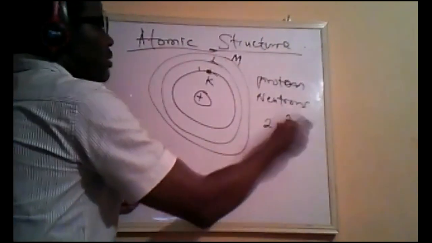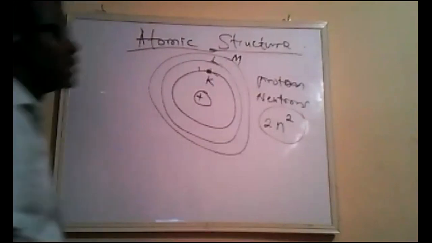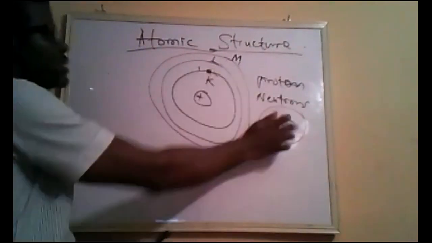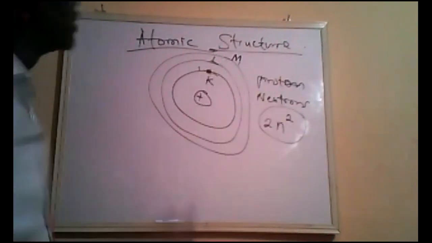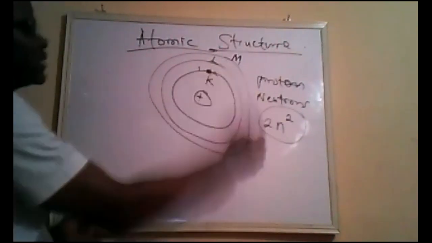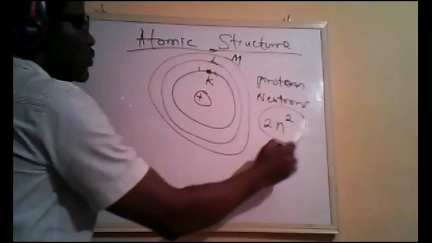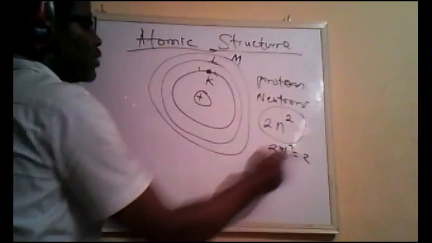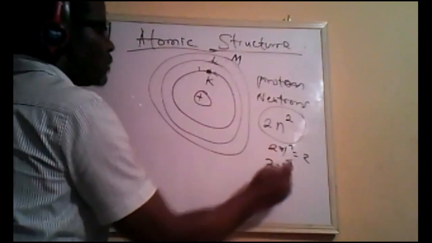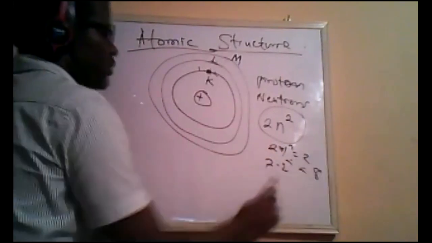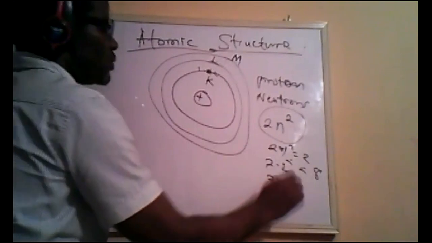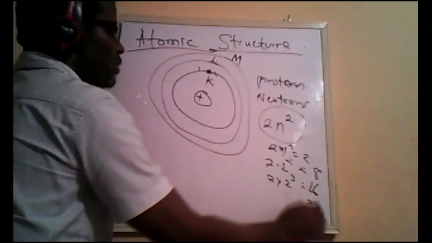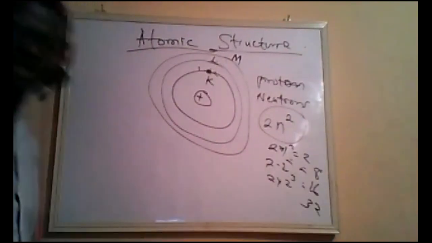The maximum number of electrons that can fill a shell is given by 2n squared. So for the first shell, it is 2 multiplied by 1 squared, which is 2. For the second shell, 2 times 2 squared, which is 8. For the third, 2 times 3 squared, which is 18, and so on, giving 32, and so on.